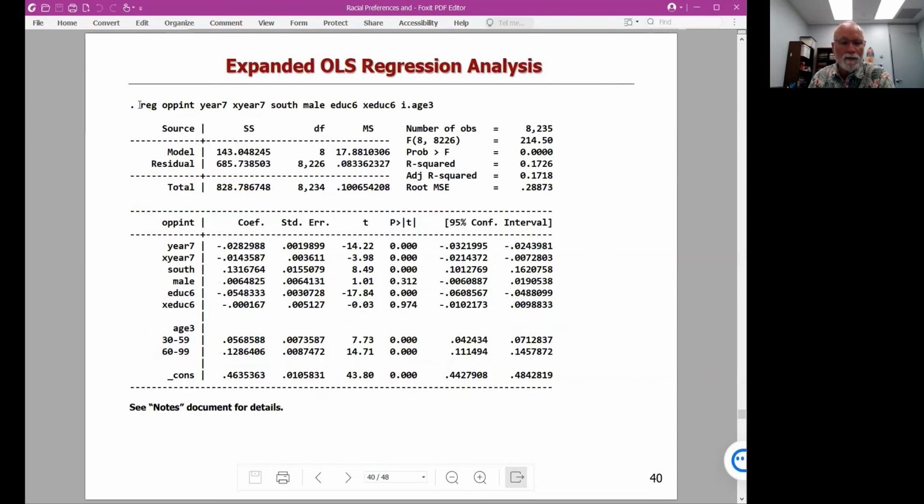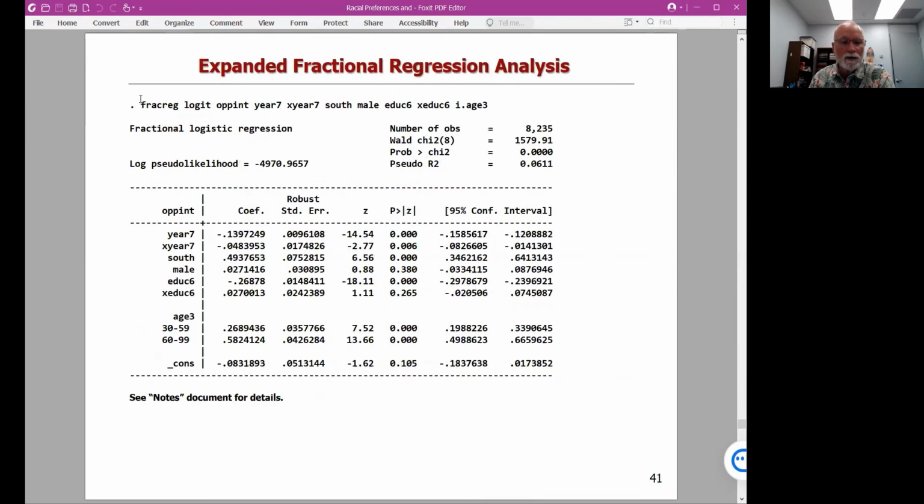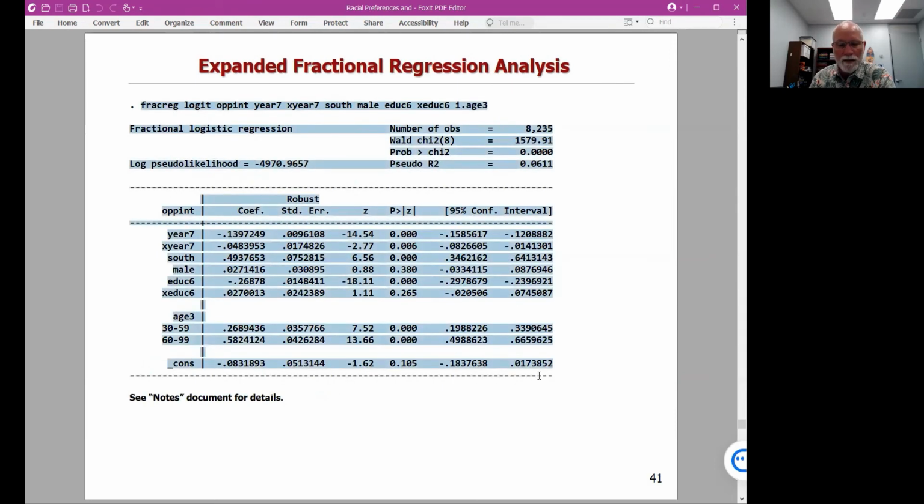And here's a fractional regression with a whole lot of predictors. And what's being predicted based on your values on the X variables is going to be a score ranging from 0 to 1. For one individual who's maybe older and in the South and male and lesser educated, maybe their score on this outcome is 0.7. That would be the predicted value.